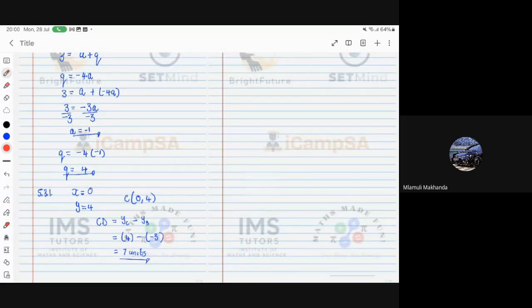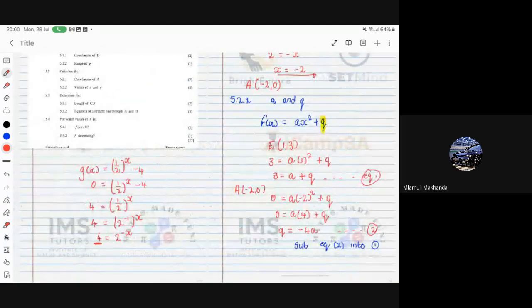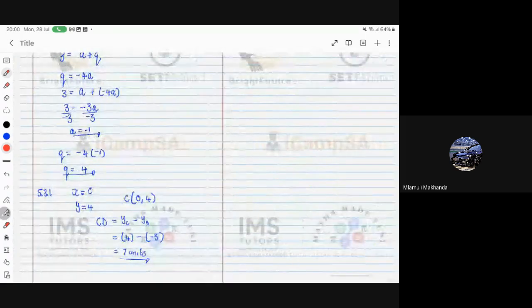And then remember, it's 5.3.2. The general equation of a straight line is y is equal to mx plus c, and m is our gradient.